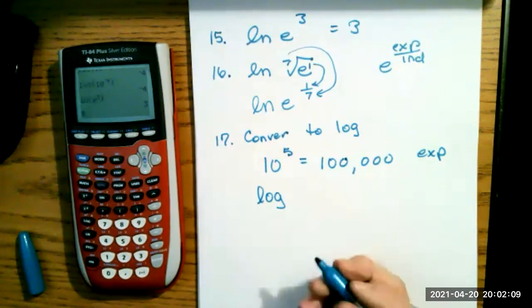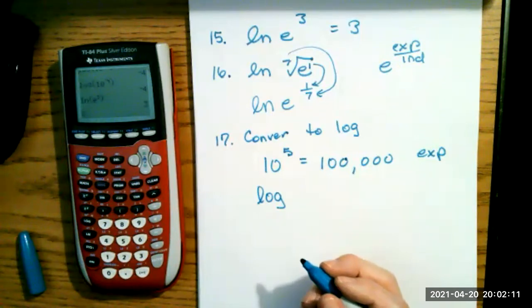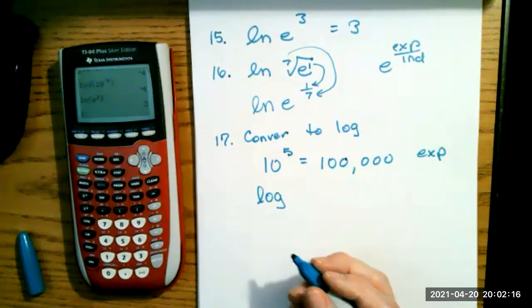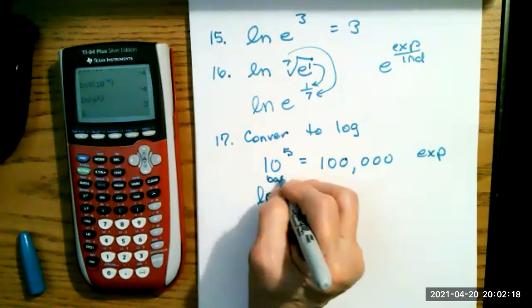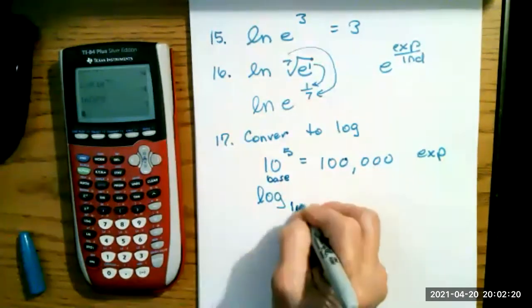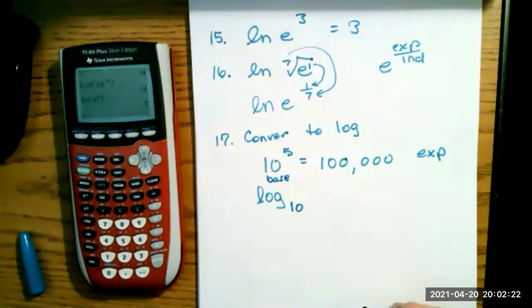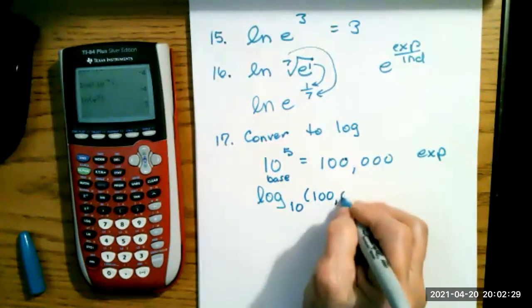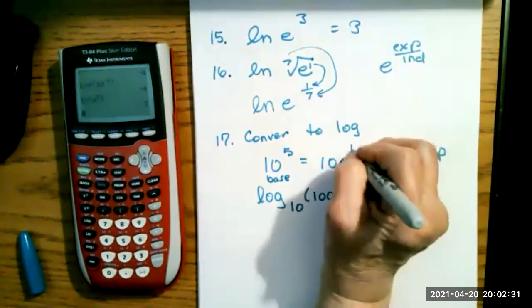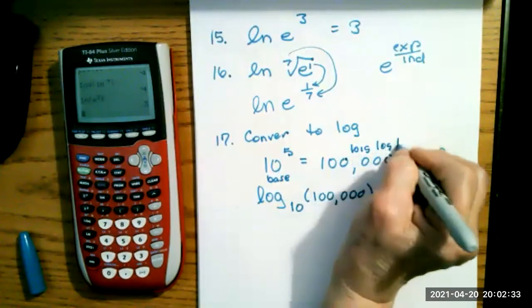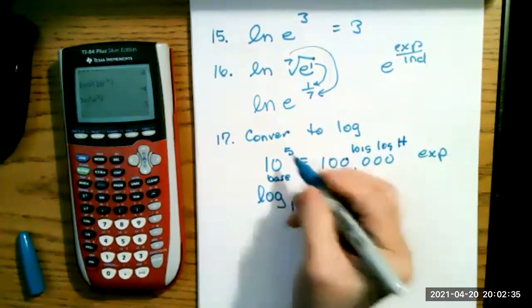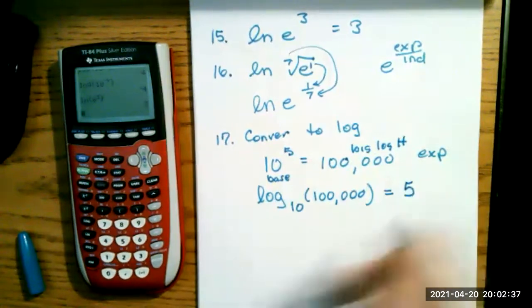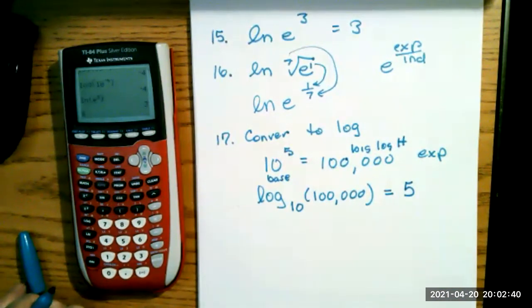Is it 5? No, that's an exponent. Okay. What's the base? 10. This 10 is the base. So the base is 10. Is it 10 to the second? Wait, no. Parentheses, 100,000. Yes, this 100,000 becomes the big log number. And remember, logs are exponents. So the 5 comes over here, and that's your answer. It's an exponent.